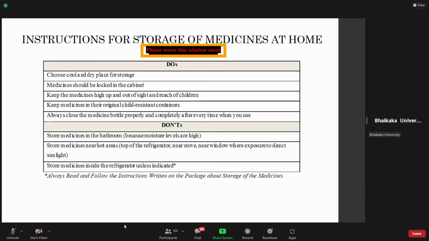The medicines should be kept in their original child resistant containers. And always you have to close the medicine bottle properly and completely after every time you use it.